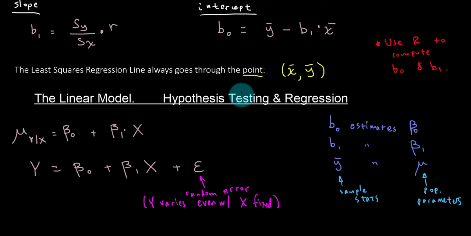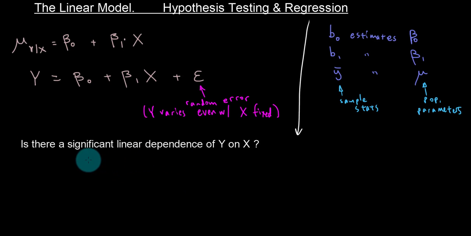Okay, so the hypothesis testing applicable for linear regression is actually all about the slope. So the hypothesis test investigates if there is a significant dependence of y on x. The null hypothesis, therefore, is about the slope beta 1, right? That's the parameter. And remember that we always use equals for the null hypothesis.